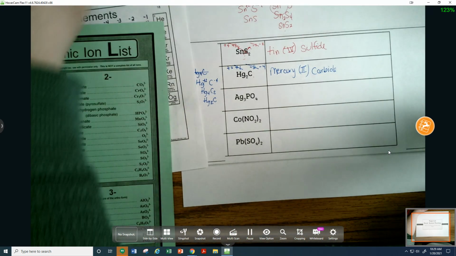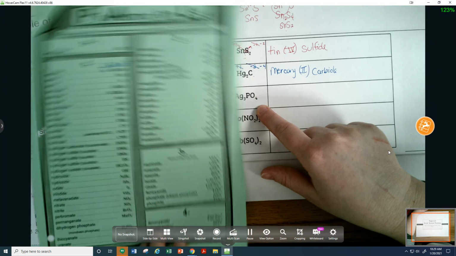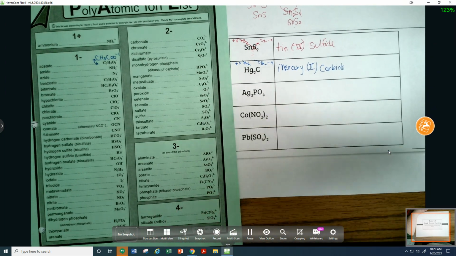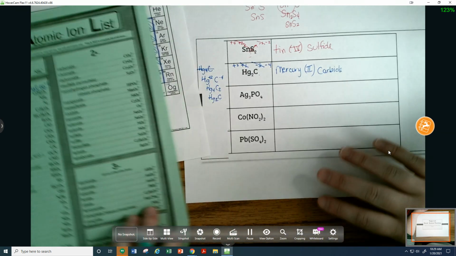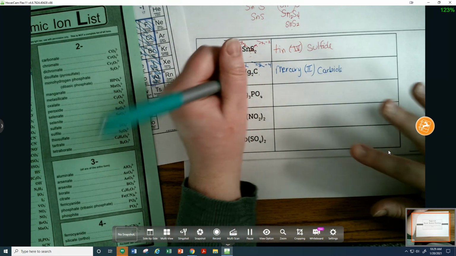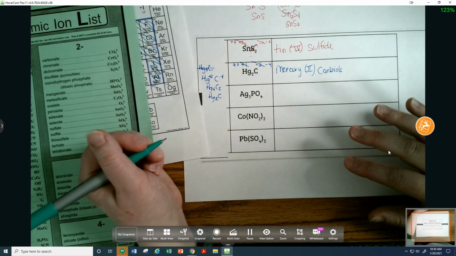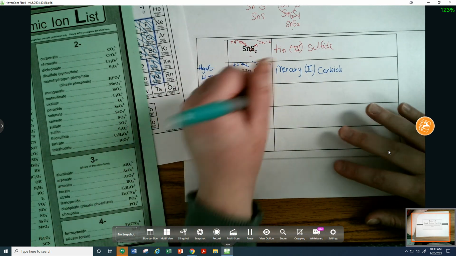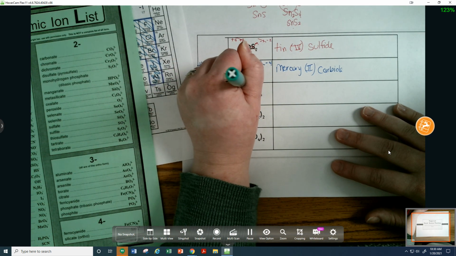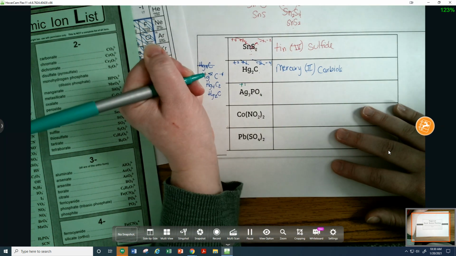So this PO4, if you look, is phosphate. So that 4 is there as part of the polyatomic formula. It's not there because of charge. How I know that is that phosphate is not in parentheses. So what that really means is because the phosphate is not in parentheses, is that Ag is a +1.